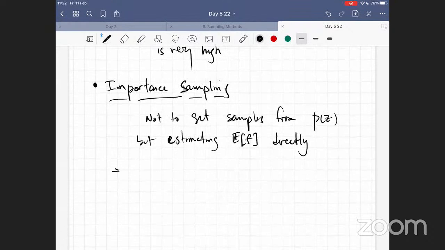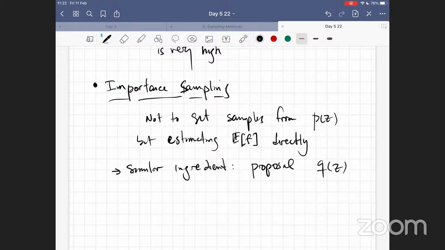First of all, a similar ingredient, which is a proposal distribution, Q of Z, in general multivariate.